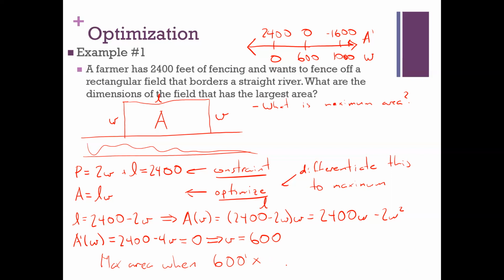How do we know 1200? Yeah. So you can look at the diagram and kind of reverse engineer it. So you get this 600 by 1200 foot area. That's the largest one you can make. Any questions so far?